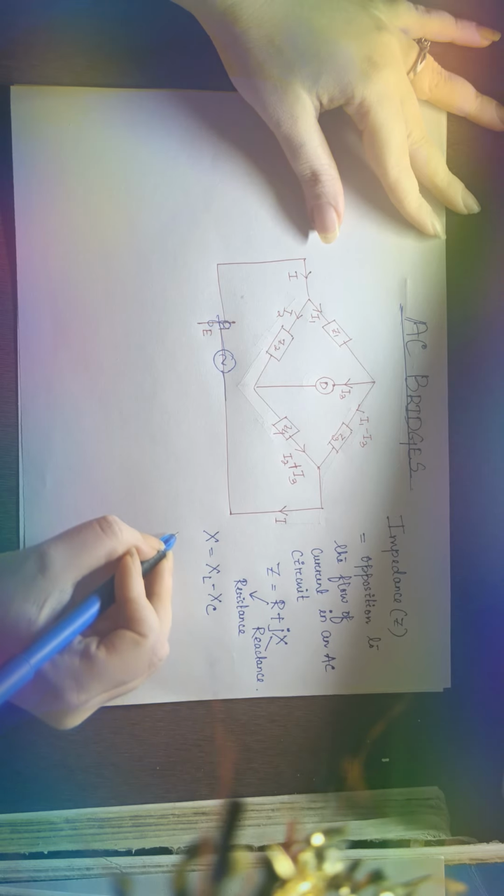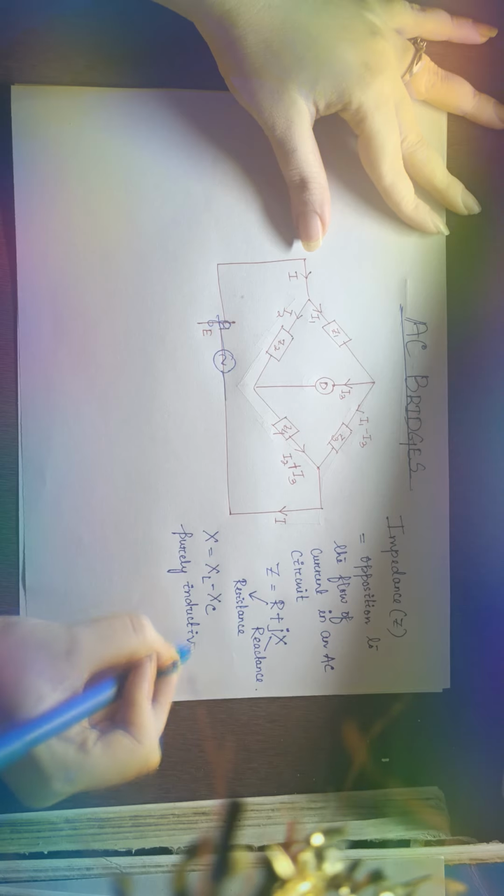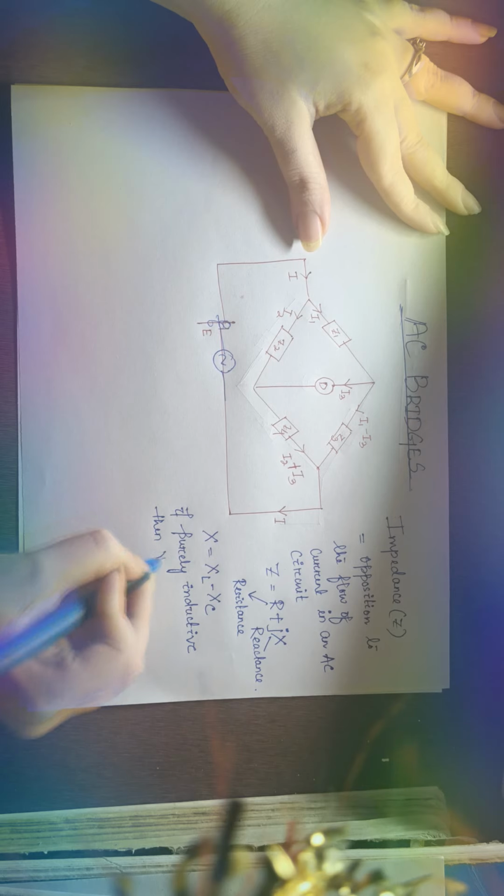So X can be XL minus XC. If it is purely inductive, then X is equal to only XL, which is equal to 2 pi FL.